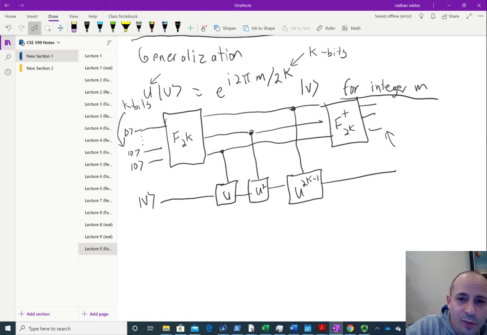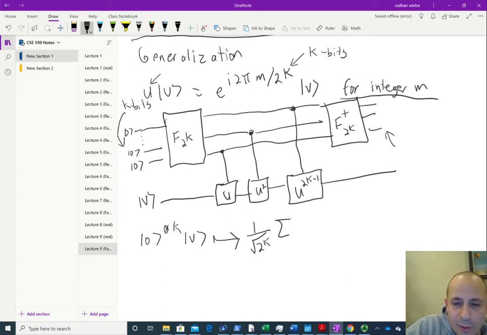So let's assume that V is precisely of this form. The first step that we end up getting is we have |0⟩^⊗k, |V⟩ as input. We do the Fourier transform to that, and this ends up giving us 1 over root 2 to the k, sum over k, |k⟩|V⟩.